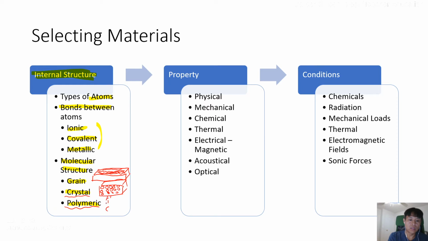And polymeric, we can see this structure in plastic, such as carbon and hydrogen bonding. They make a chain, like chain-type material.